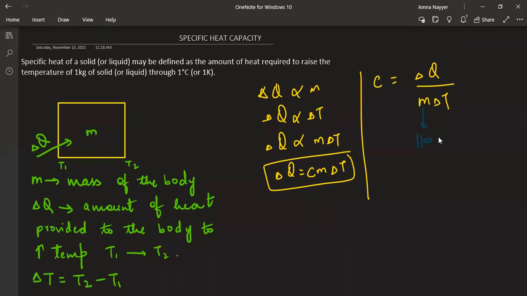If I put mass as 1 kg and temperature as 1 Kelvin, what do I get? C is exactly equal to the heat. So C is the specific heat capacity. This is the amount of heat for 1 kg of solid per Kelvin. Fine. Note down this part, then I'll tell you more.